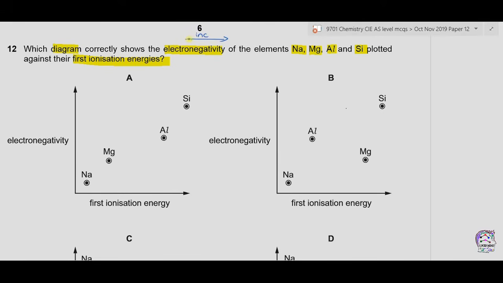So therefore in moving across the period, the electronegativity will increase as the nuclear charge increases but the number of shells remain constant. So therefore electronegativity increases with having small size and large nuclear charge.